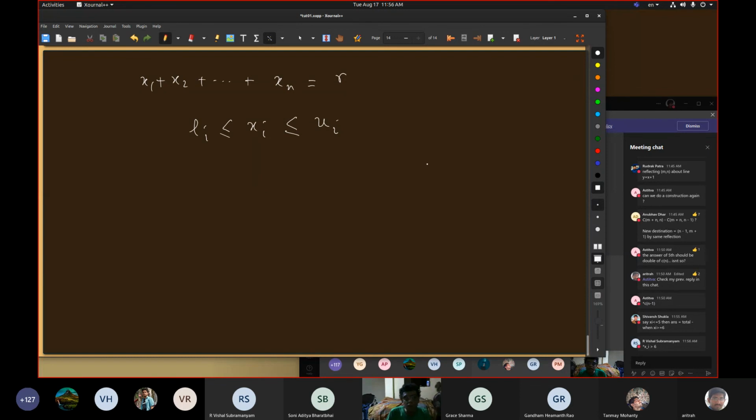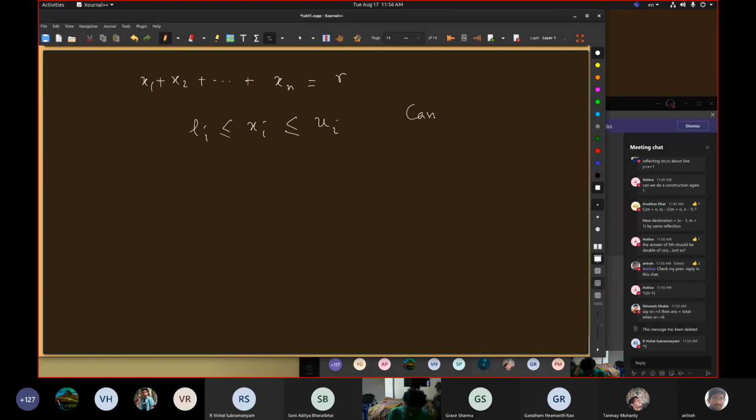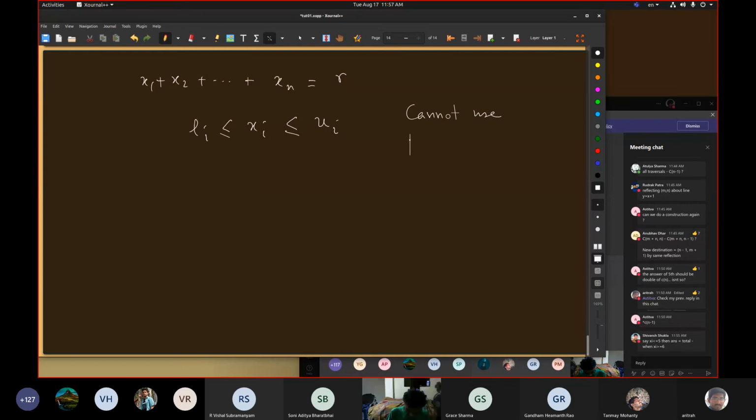One possibility is you can use something like generating functions. For the moment, let's say you cannot use the combination with repetition formula. How to do it, maybe we will see.